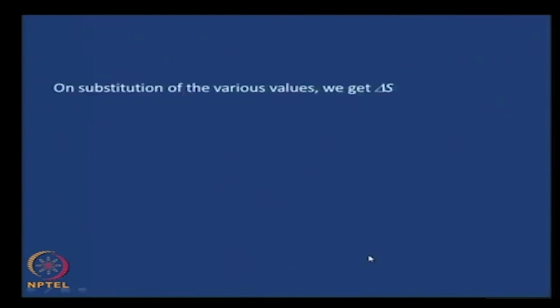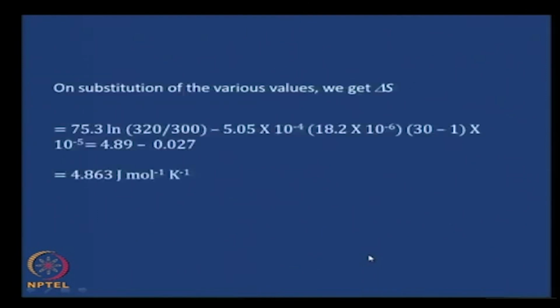Substituting the values, now we know the values, we get 75.3 into ln of T2 320, T1 300 minus 5.05 into 10 power minus 4 into, this is alpha, this is molar volume 18.2 into 10 power minus 6, and this is 30 minus 1 conversion into the proper system of units, we multiply by 10 power minus 5 and 4.89 minus 0.027.